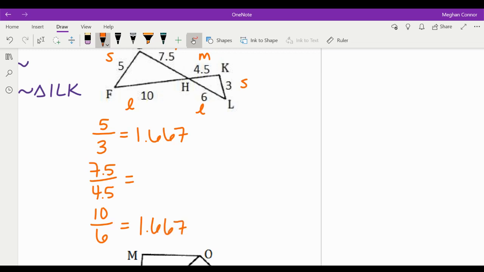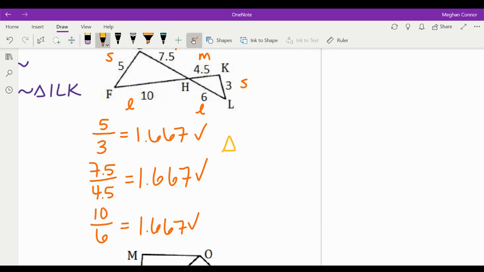And then 7.5 divided by 4.5, if I divided both by 1.5, I would get 1.66 repeating again. So since all of those ratios are proportional, I know that those two triangles are similar.